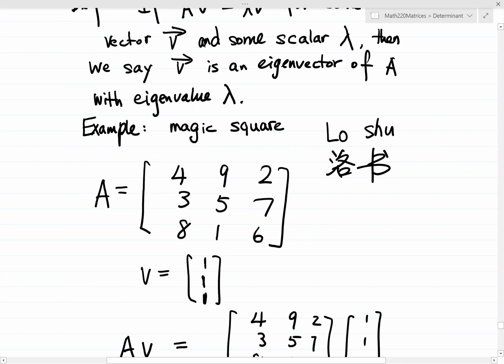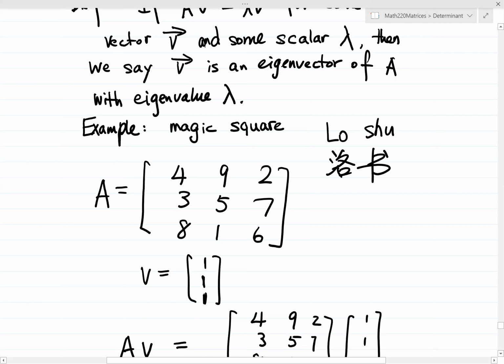It was believed that it was something that people saw on the back of a turtle. And in ancient times, mathematicians were related with fortune telling actually, and this magic square is somehow related with that.